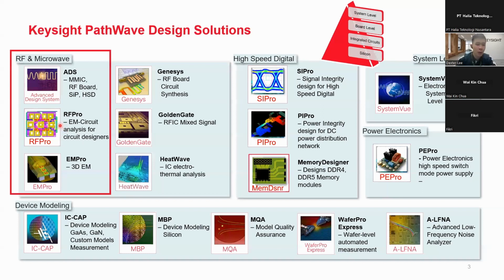And then we'll also look at some examples on EM Pro, which is our 3D EM simulation software. These are the three main features that we'll look at, to see how they can help you be more efficient and more successful when it comes to circuit design, EM, and EM simulation.